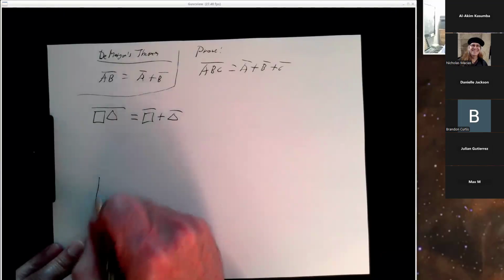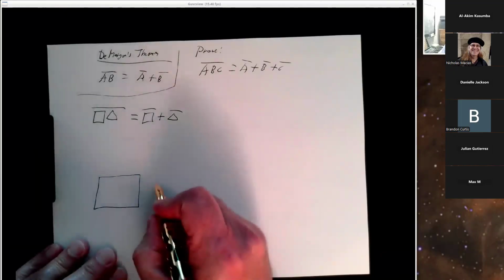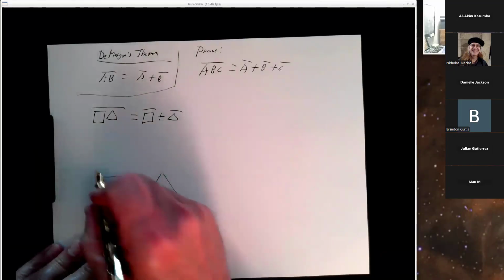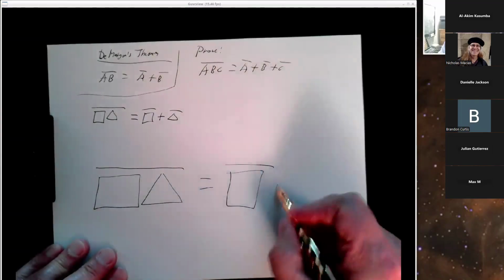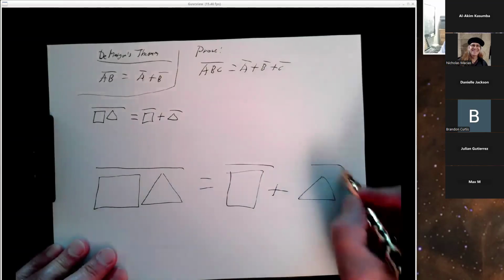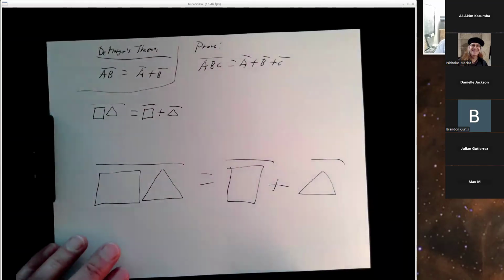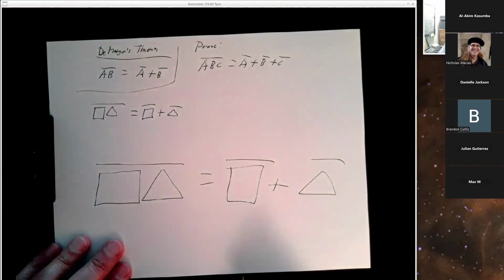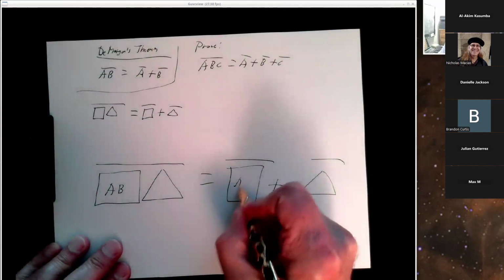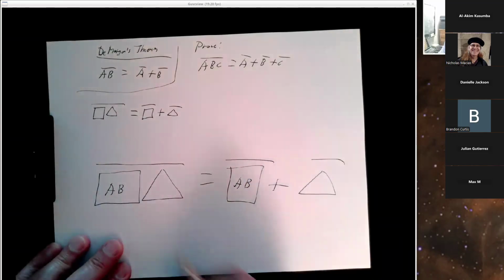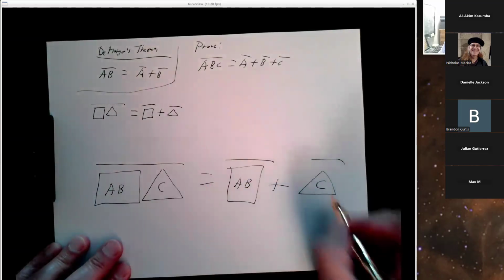So let me write this a little bigger so I can actually write in here. And let me put into my box AB. And let me put into my triangle C.